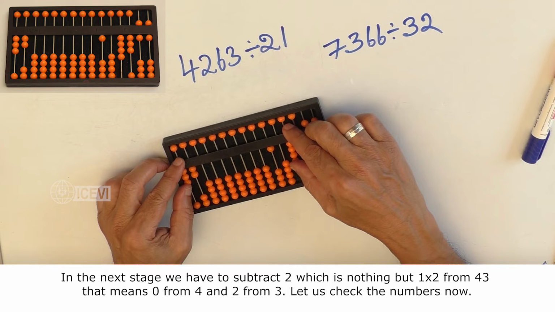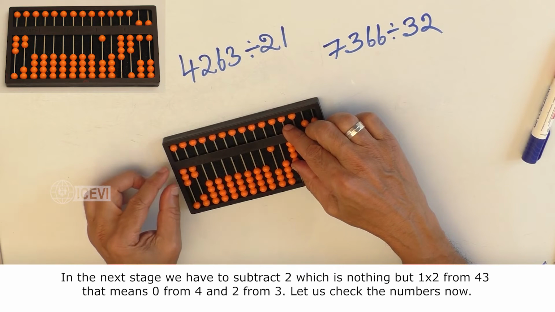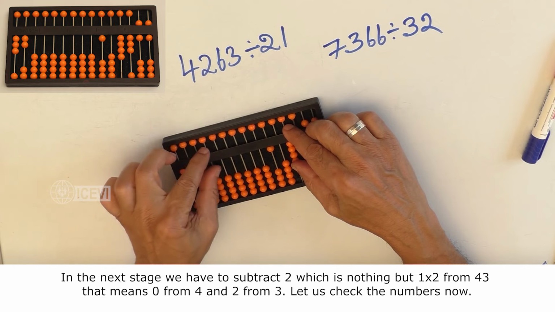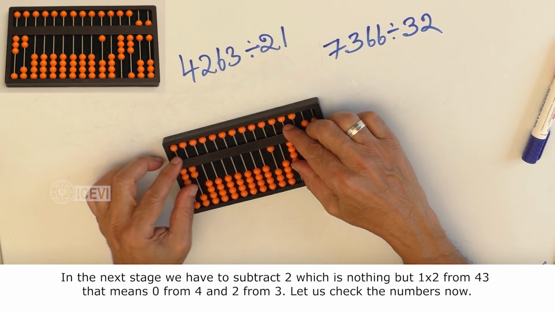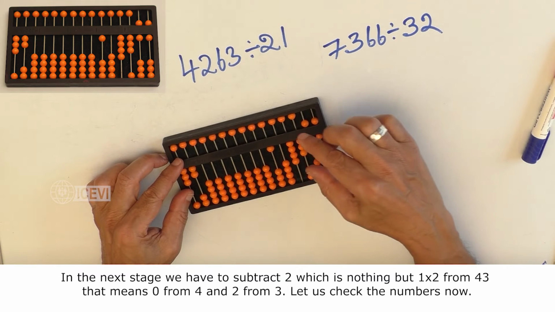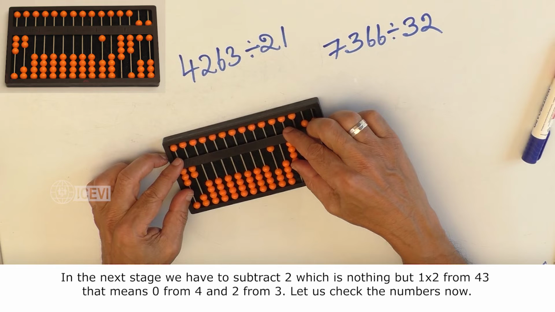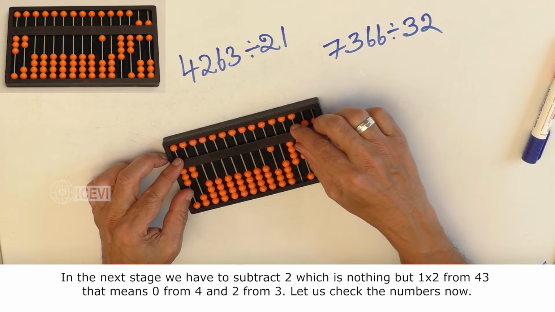In the next stage, we have to subtract 2, which is nothing but 1 multiplied by 2 from 43, that is 0 from 4 and 2 from 3. Let us check the numbers now.